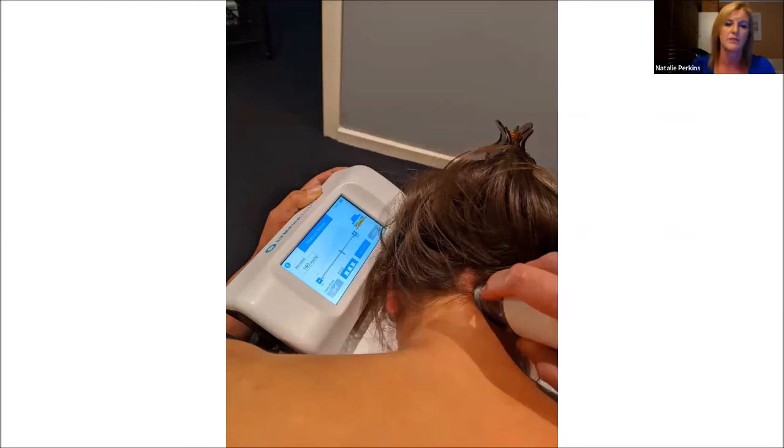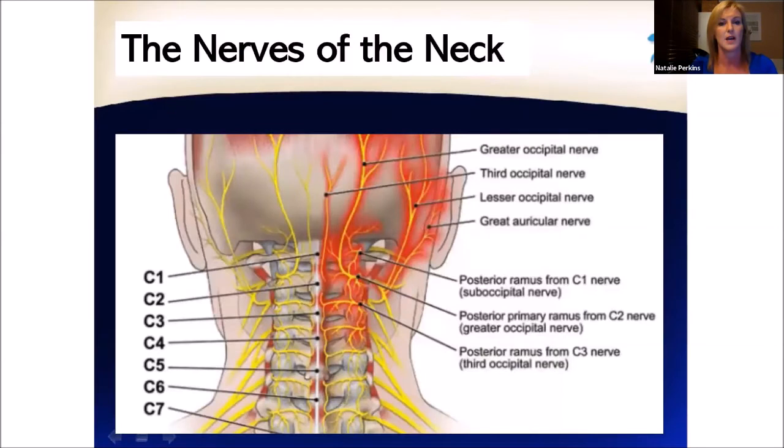So if we have a quick revision of those nerves that are related to that area, you can be reminded, as I mentioned before, of those occipital nerves that cause the headaches up the back of the skull, mostly coming off the posterior ramus of C1 through C3, where there is a lot of muscle insertion of those suboccipital muscles, your levator scapulae muscles, and your deep erector spinae muscles.